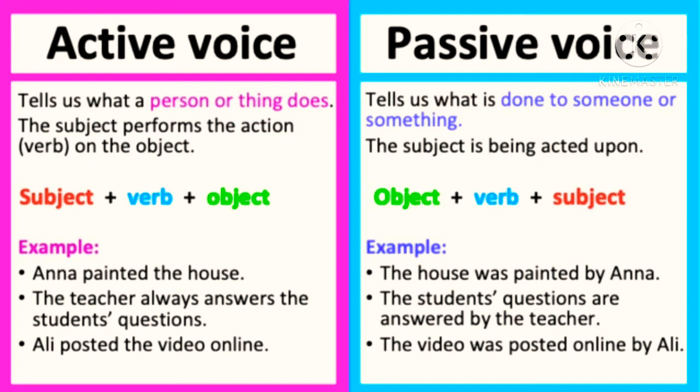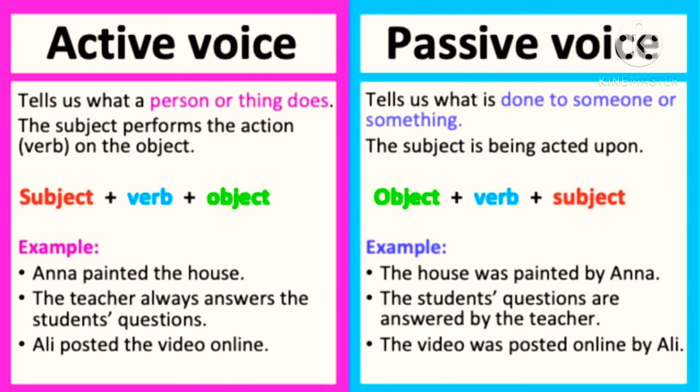Here you can see the house was the object in the active voice, but now it has become the subject in the passive voice. Why? Because the subject is being acted upon. Then the students' questions are answered by the teacher. The video was posted online by Ali.